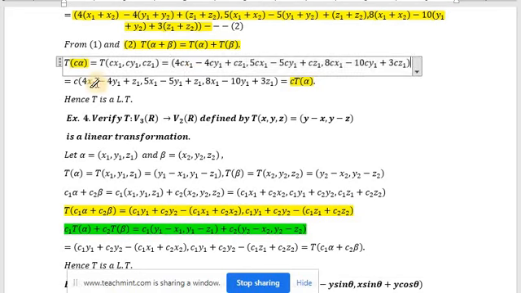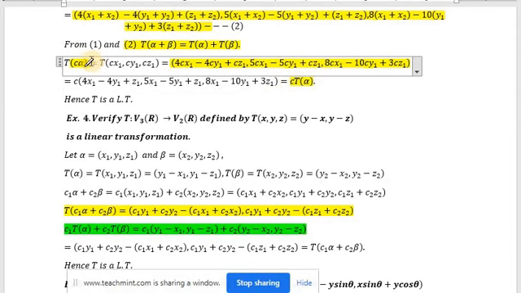Remove c outside, then we get (4x1 minus 4y1 plus z1, 5x1 minus 5y1 plus z1, 8x1 minus 10y1 plus 3z1), which is nothing but T of alpha. So that is equal to C into T of alpha.